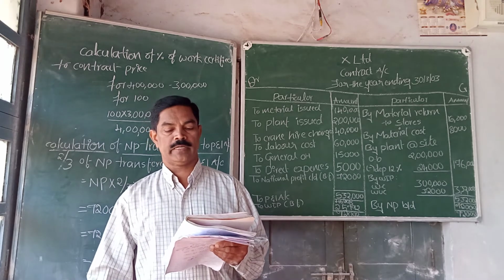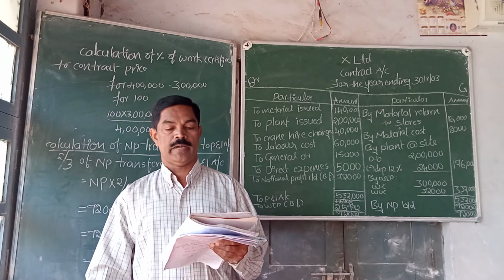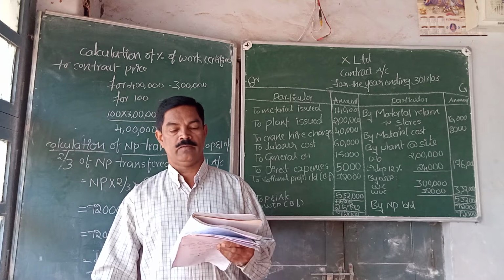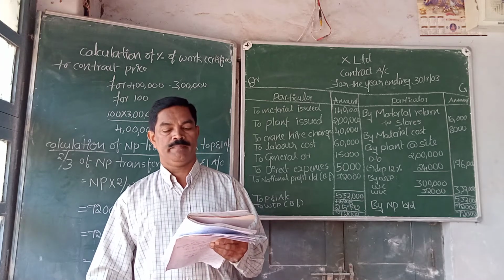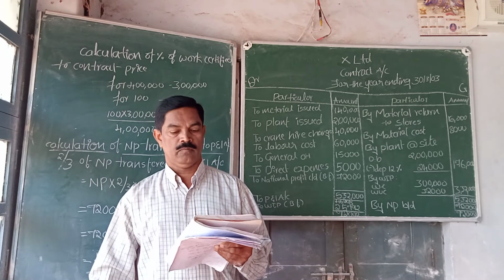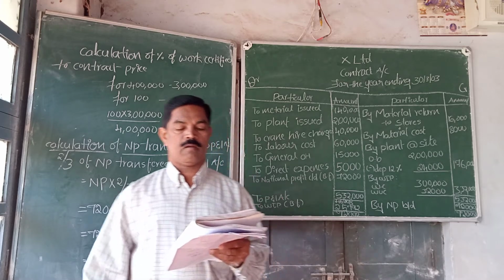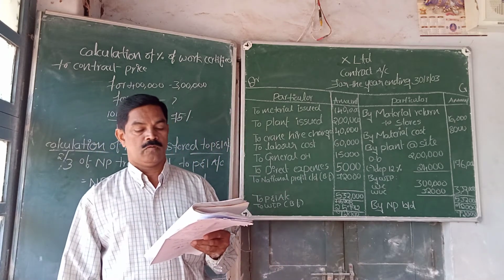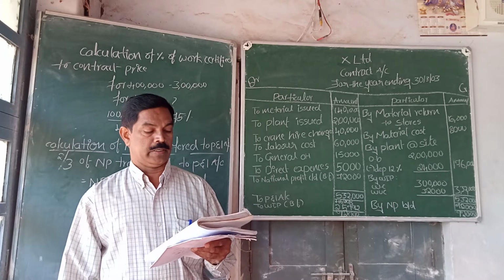Work certified: X 3 lakh, Y 1 lakh. Work uncertified: X 32,000, Y 4,000. Cash received from contractee: X 2,88,000, Y 92,000. Additional information: estimated cost for completion X 27,000 and Y 22,200.